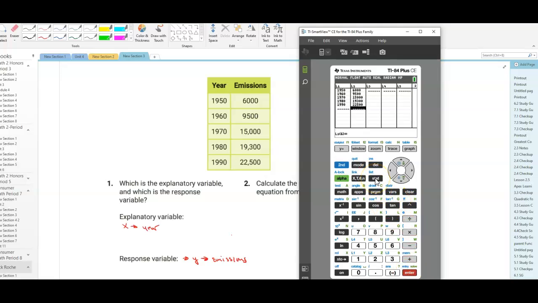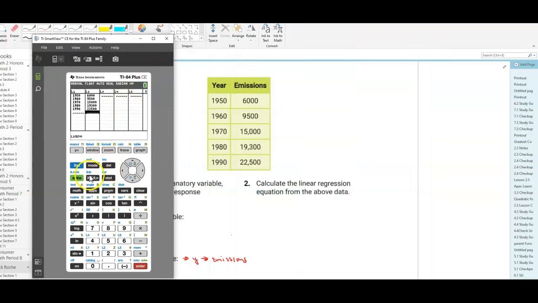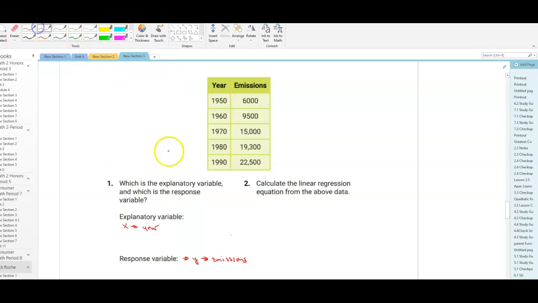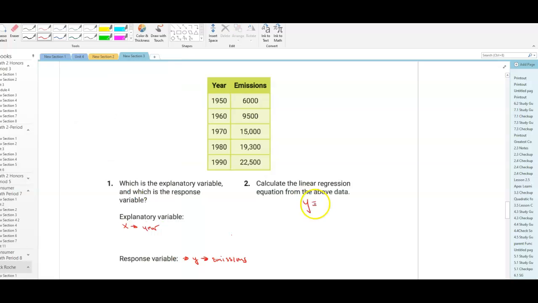Now I'm going to get the regression model. I'm going to go Stat, arrow to the right for Calc, and go down to linear regression. I'm going to hit enter. I'm going to use list 1, list 2, all the way down to Calculate, and here is my regression model. My regression model is y equals 428x.